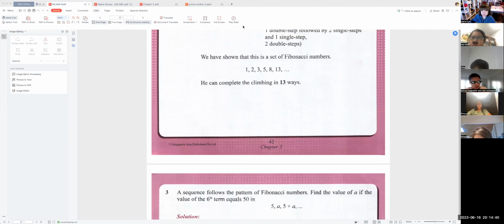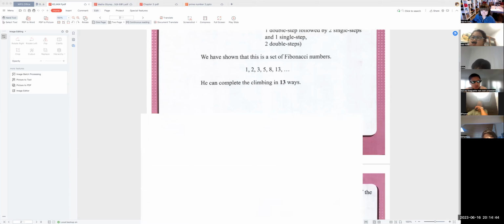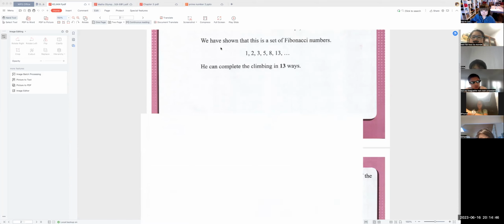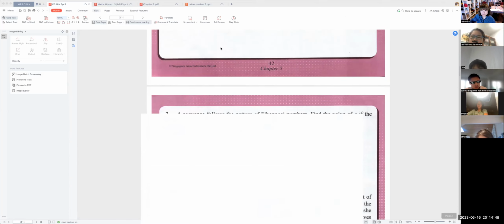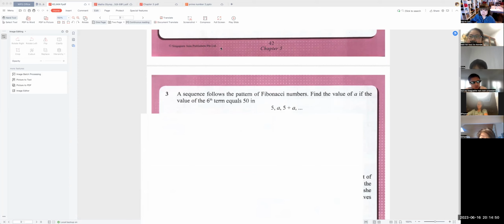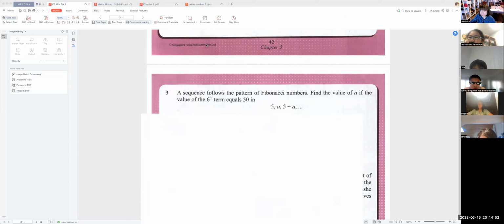A sequence. So let me just block this. Okay, and I'm just going to do something like that, okay? A sequence follows the pattern of Fibonacci numbers. Find the value of A if the sum of the 6 terms equals 50. Okay, so let's try it.